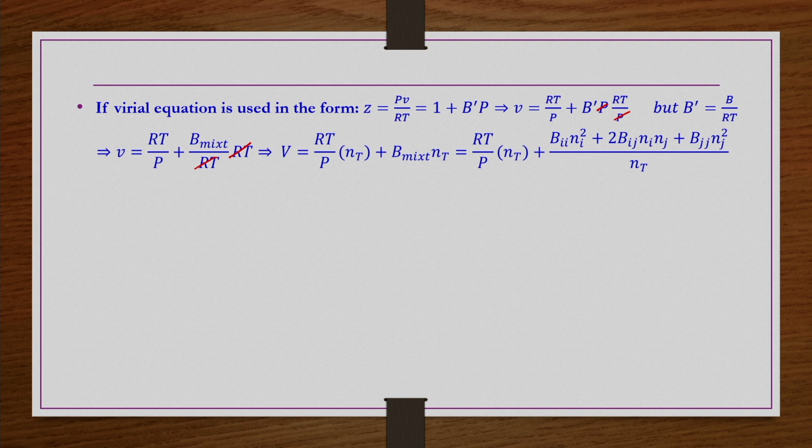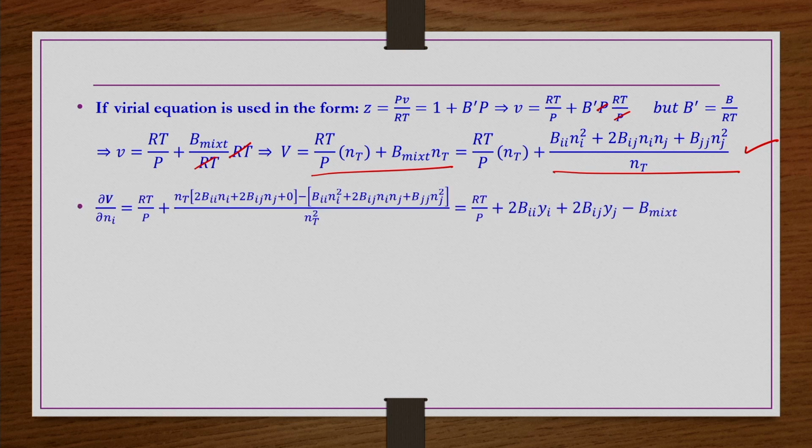So, if you take Nt to the right hand side, we have RT Nt by P plus B mixture Nt, right. B mixture we know is Bii Yi square plus 2 Bij Yi Yj plus Bjj Yj square. So, then writing the Y's as N's by Nt, you can have this expression for the B mixture.